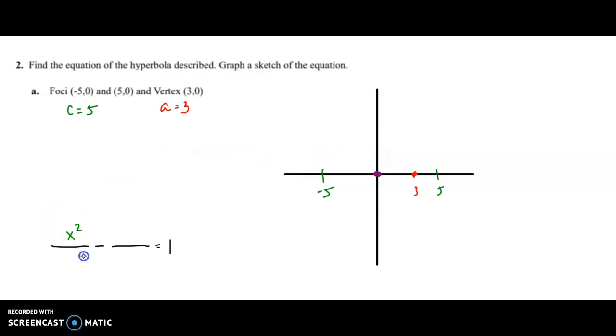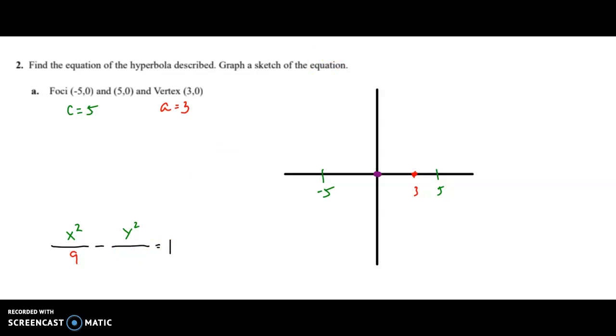And I also said that the first denominator is always a squared, so this is going to be 9, all right? And obviously, if the first numerator is x squared, then the other numerator is going to be y squared, okay? Now we got to figure out the b squared, okay?